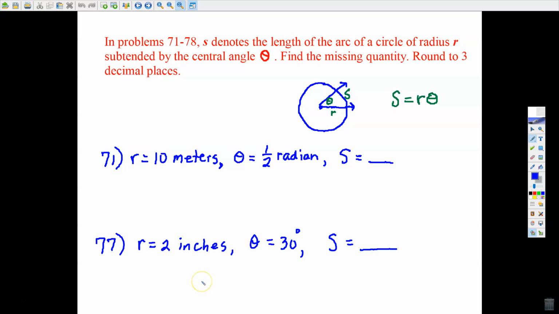So let's jump right in with a formula, and your problems 71 to 78 are going to involve these types of problems. We talked yesterday about how an angle has an initial side and a terminal side.